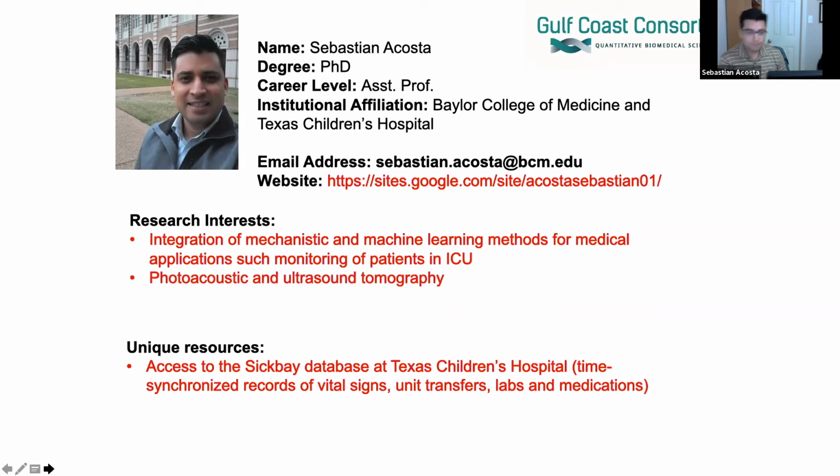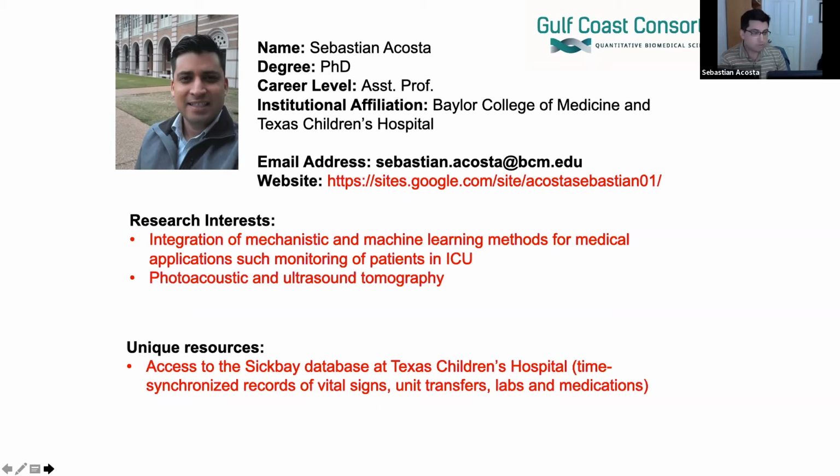Another area of research is on photoacoustic imaging and ultrasound imaging, and also, again, integration with the physical understanding of how these methods work with machine learning to improve resolution and quality and overcome some challenges for these imaging modalities.